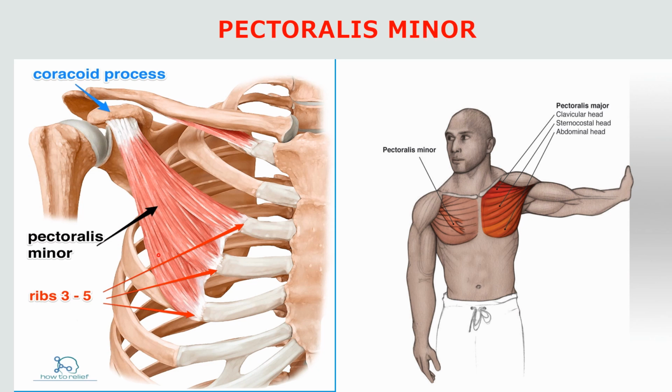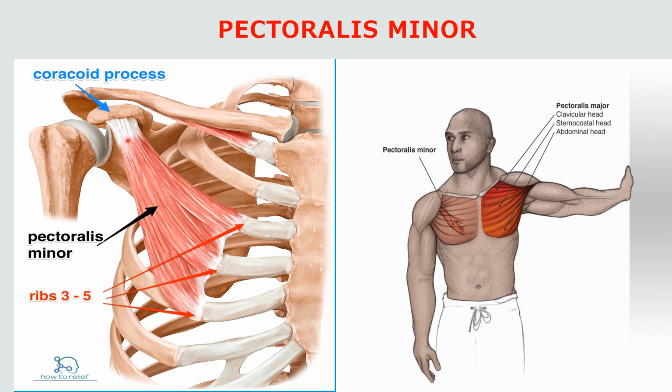Now let us discuss the origin of this muscle. It arises from the 3rd, 4th and 5th ribs, not from the costal cartilages, and from the intervening fascia covering the external intercostal muscle.